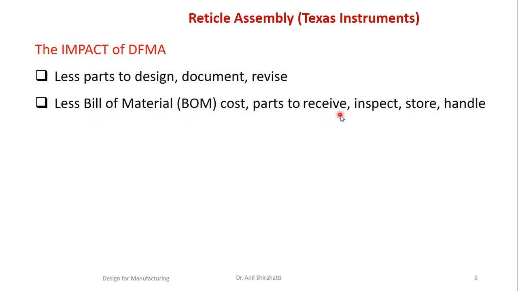Past to receive, inspect, store, handle has reduced because parts have reduced so heavily. From 40 to 45 parts it has reduced to 10. So I have to maintain very few components in inventory. Okay, also as the bill of material is smaller, the number of parts to make the assembly has reduced.